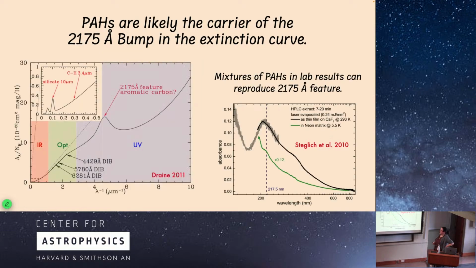In addition, and this may be something that people care about from a perspective of trying to observe other objects or high redshift galaxies, PAHs are likely the carrier of the 2175 extinction feature. This can be reproduced in the lab with combinations of PAHs of different sizes, and it's a very observable signature of the existence of carbonaceous dust.